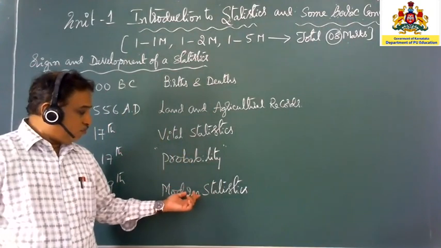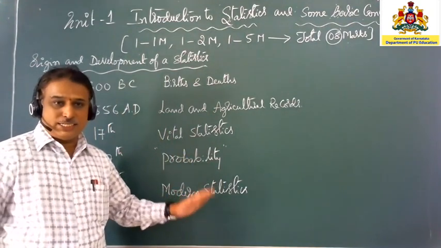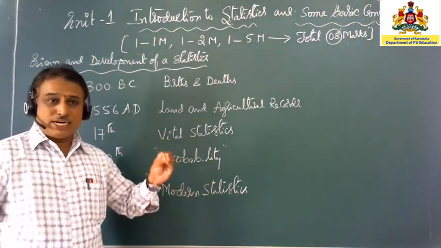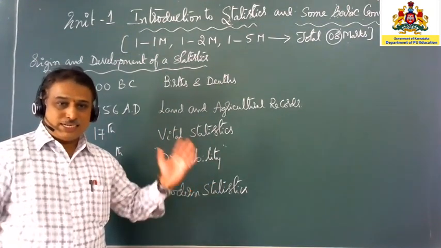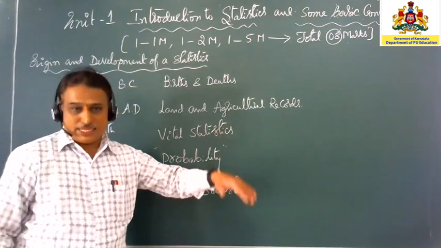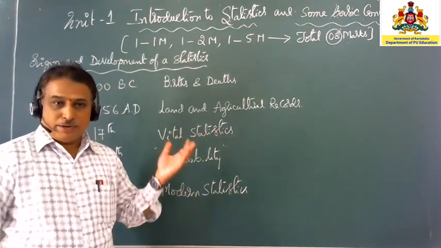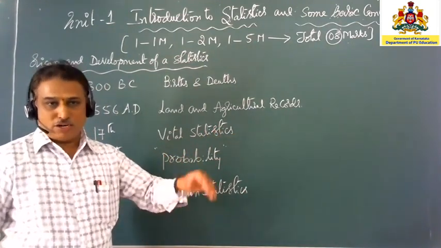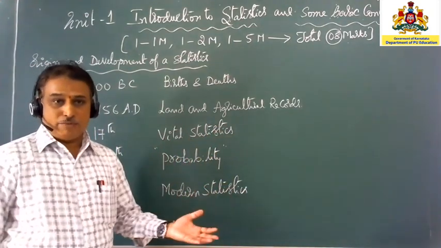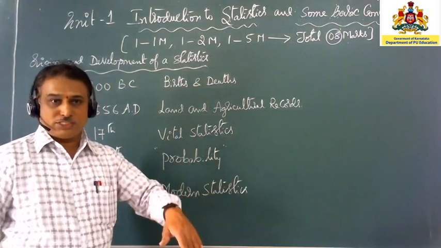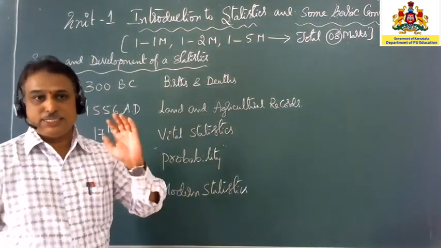Here, modern statistics is nothing but whatever statistical formulas, tools, and techniques there are, they are applied in other subjects. In biology, they apply statistical concepts. Biostatistics has developed. In economics, economic statistics has developed.